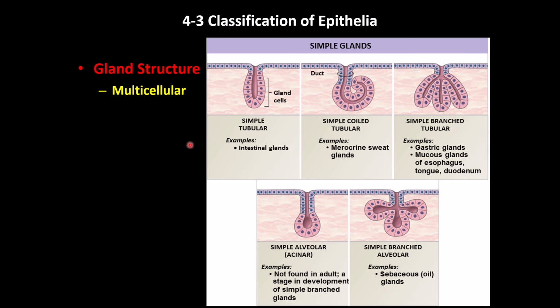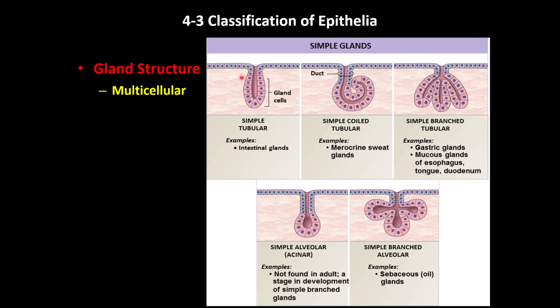Then the second classification is called multicellular. It means it is made of multiple cells together that make a gland. That divides again into simple glands and compound glands. Simple glands have only one duct, just one duct. The secretion drains into one duct.